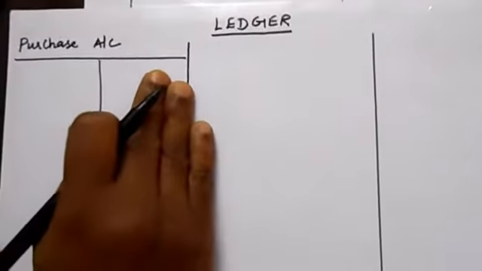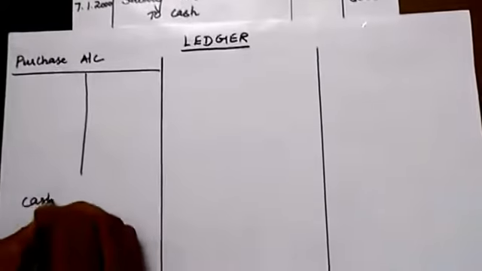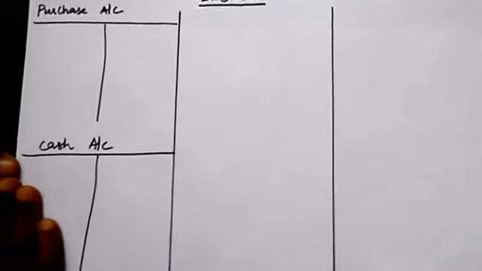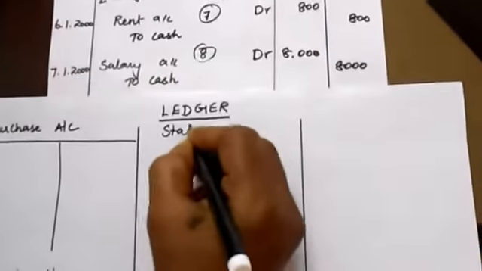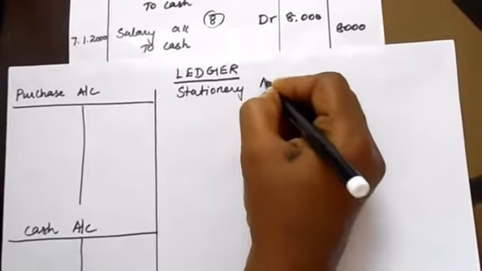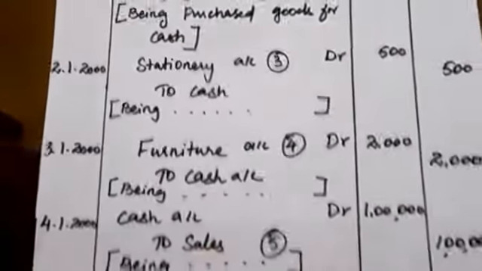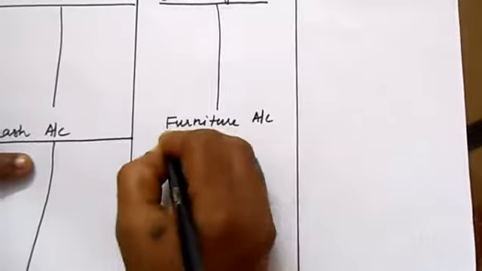Debit side, credit side. Second one, cash account. Debit side, credit side. Third one, stationery account. Debit side, credit side. Next one, furniture account. Debit side, credit side.